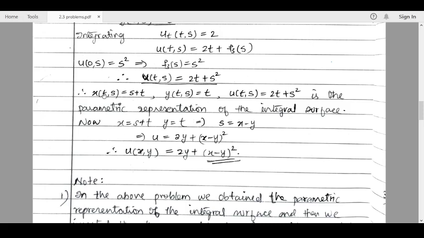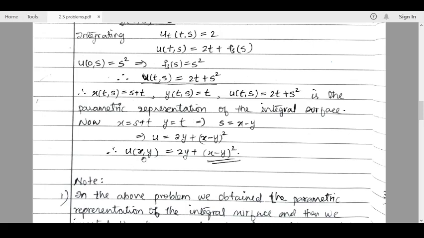So from the first one we have x equal to s plus t, from the second one we have y equal to t, and this implies that s is equal to x minus y. Now if you put the value of s and t in u, you will get u equal to 2y plus (x minus y) whole square. So we got u as the integral surface.